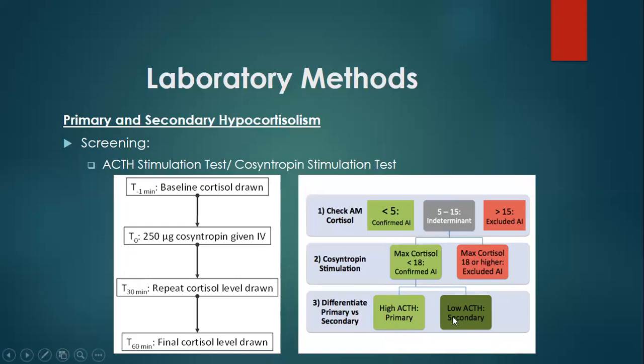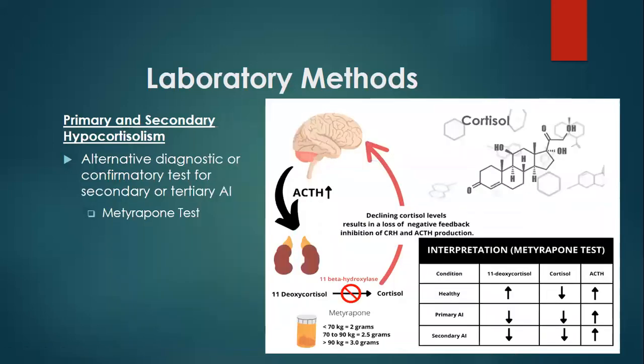Another alternative test is what we call the metyrapone test. Your metyrapone test measures the ability of the pituitary gland to respond to declining levels of circulating cortisol, thereby secreting ACTH.